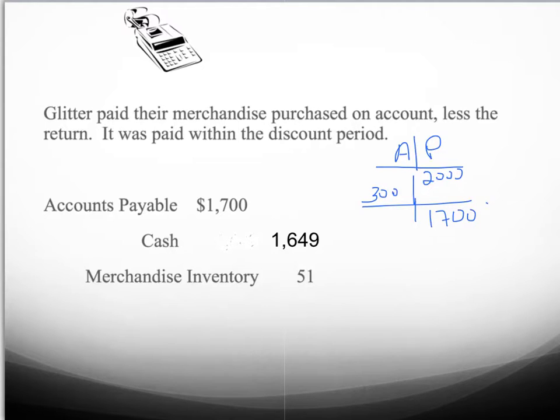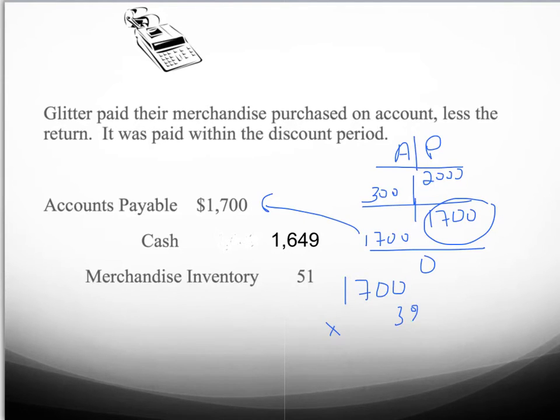Well, here you can see I have my accounts payable, and I would like to make that zero because I'm paying. So I've made a debit to accounts payable. Cash. Well, my cash is going to be minus the discount. So $1,700 times 3% gives me $51. So my cash is $1,649.